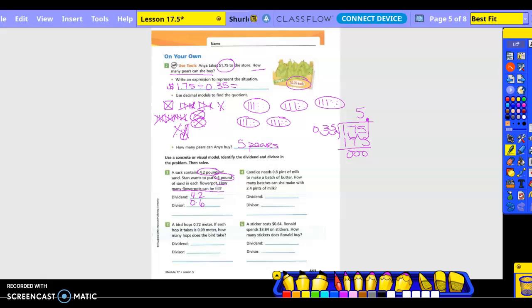Okay, so how many flats? 4. How many longs? 2. Okay, do I have enough longs to put in a group? No, so I have to mark out one of these flats and draw 10 more. Okay, so I can draw a circle.